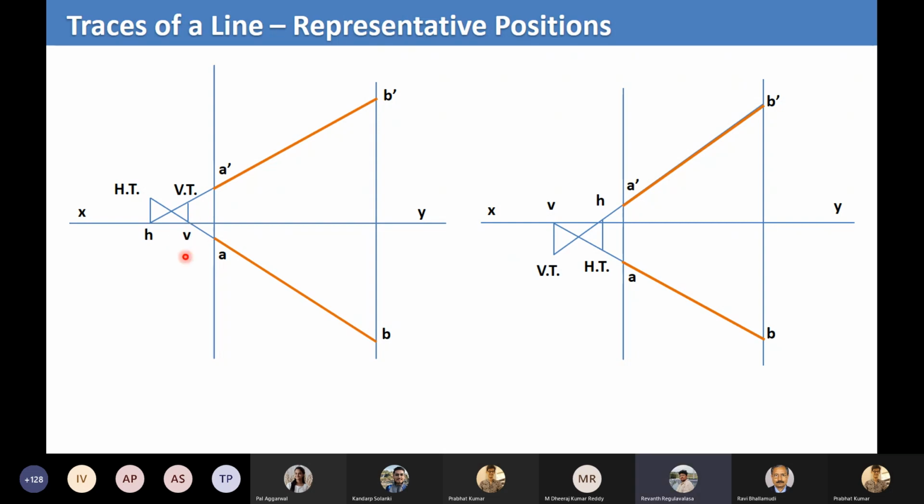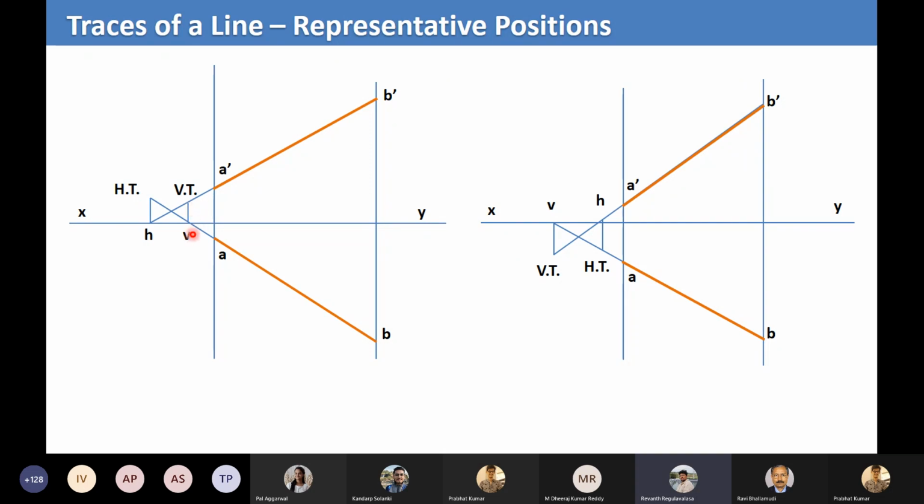Now we have seen H is a projection of HT, and V is a projection of VT. So we just draw the vertical extension lines from H and V. Wherever these two lines meet the opposites. What do you mean by opposites?